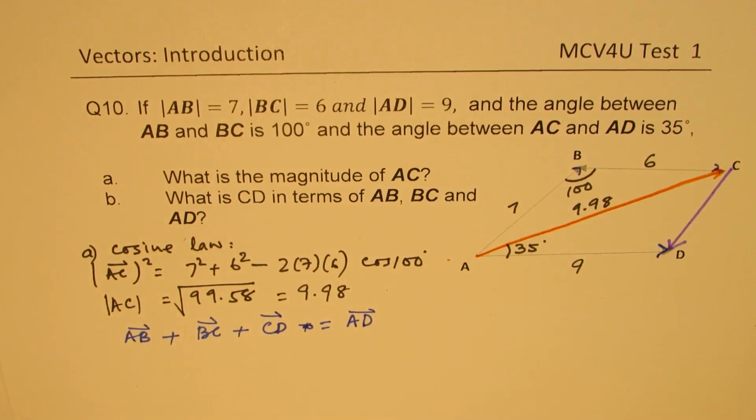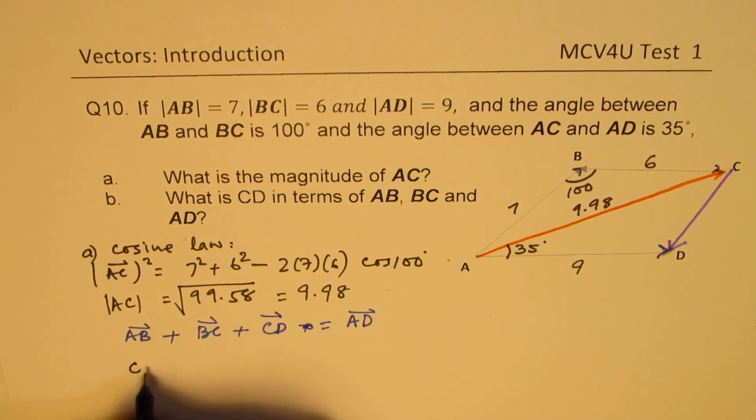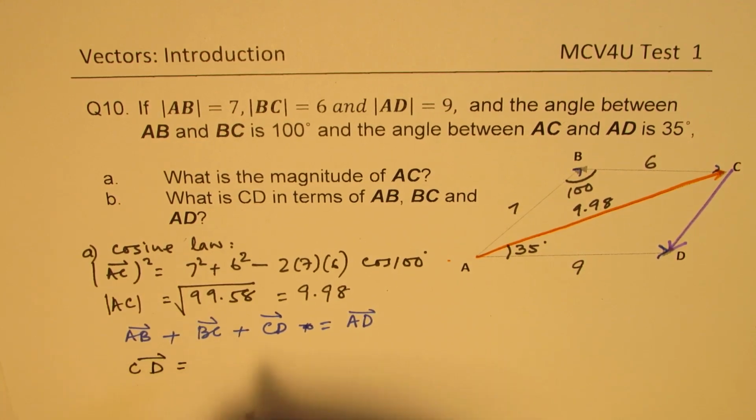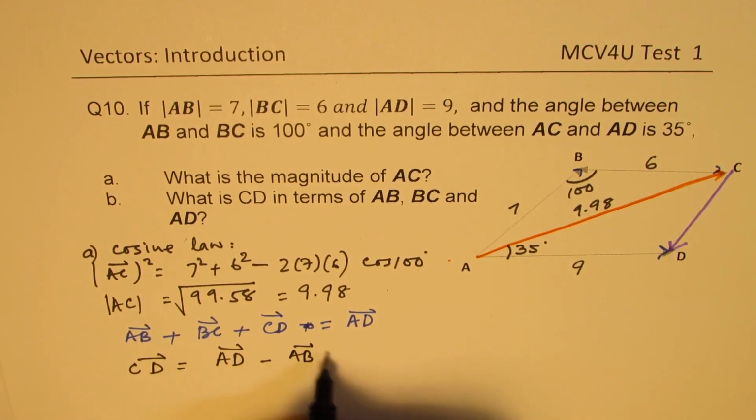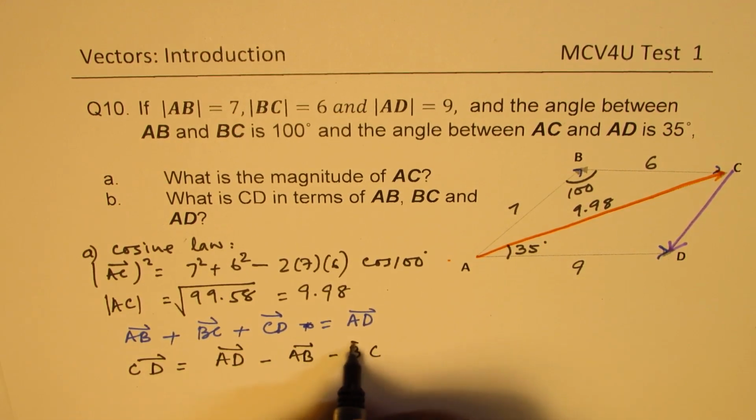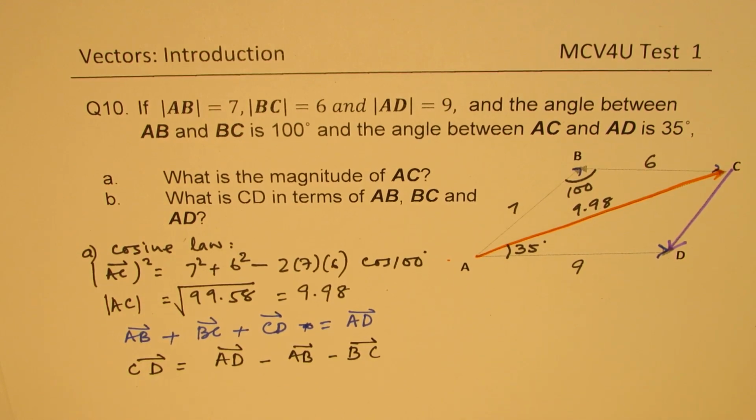And then we can find what CD is by taking these things to the right side. Perfect. So from here we get CD is equal to AD minus AB minus BC. Correct? So that becomes our solution.